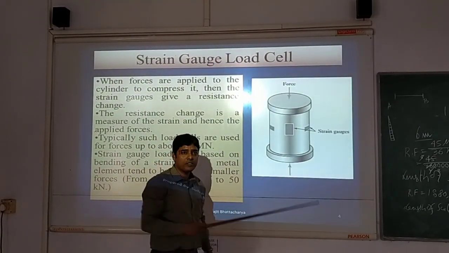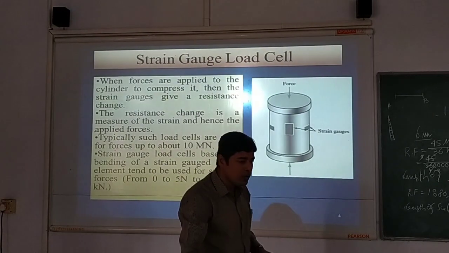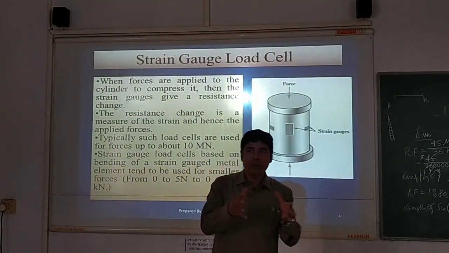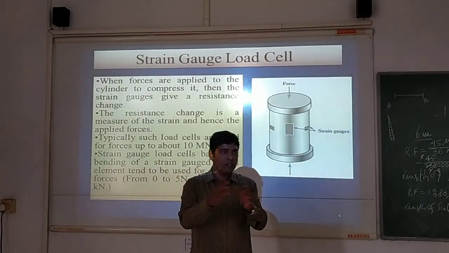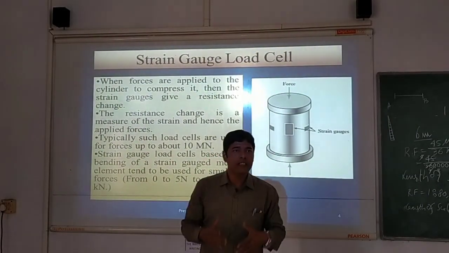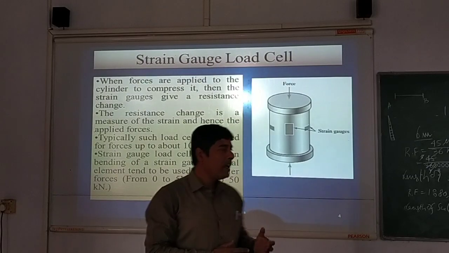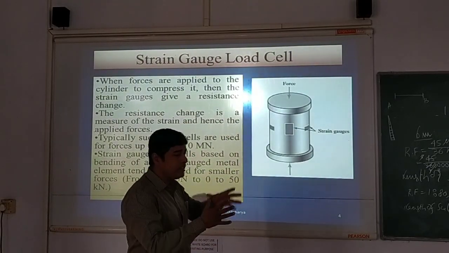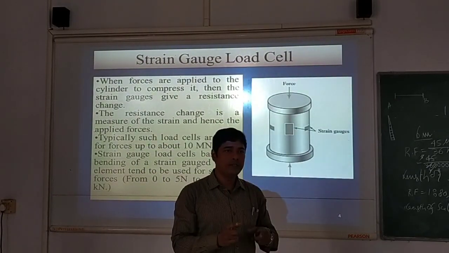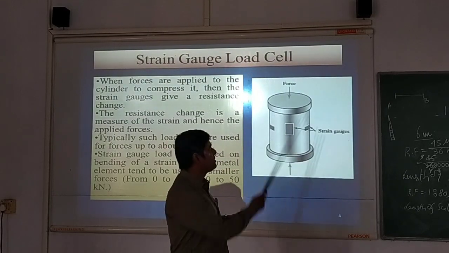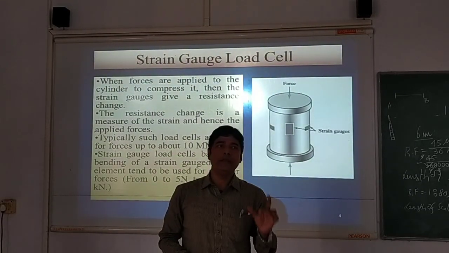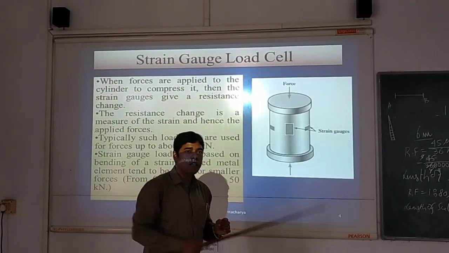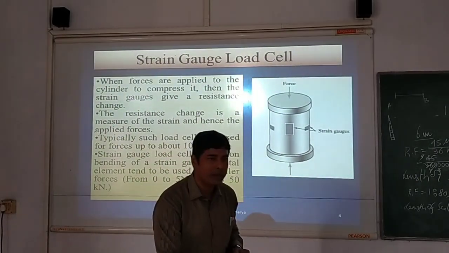You know, the two elongating and two compressing strain gauges, if connected properly in opposite arms, will give maximum sensitivity. The out of balance voltage in the Wheatstone bridge is proportional to this force, and it can be calibrated against the force, so it can be used as a force measurement sensor.